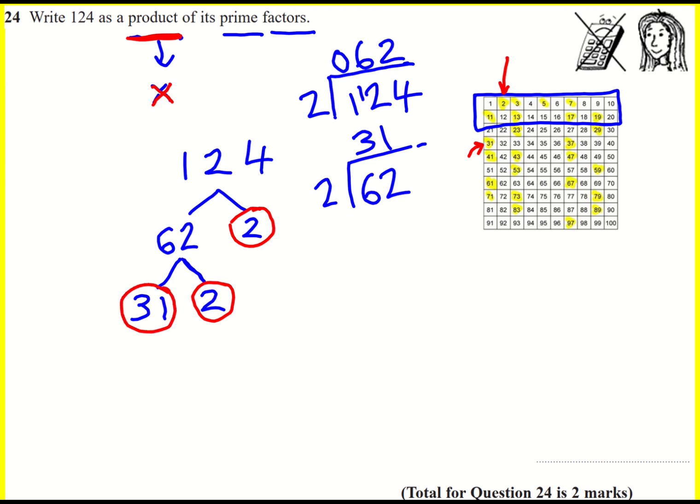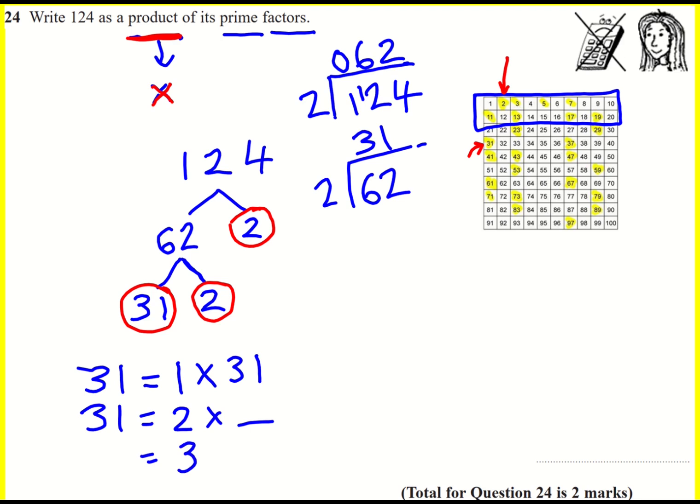Okay. Now you might think, well, you just said only learn the prime numbers up to 20 and 31 is above that. That's true, but what you can do is you can go, okay, well, what numbers do I know that multiply to give 31? Well, let's do some factors. 1 and 31. Does 2 go into it? Well, no, because 31 is not even. Does 3 go into it?